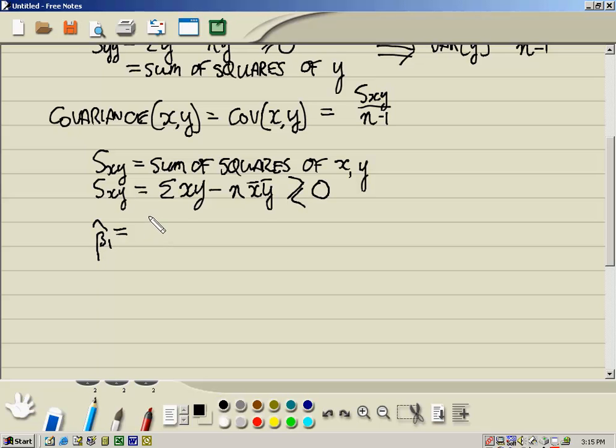So beta hat 1 is the sum of squares of xy divided by the sum of squares of x. Beta hat 0 is the same as before, y bar minus beta hat 1 times x bar. Okay, these are the formulas that will be used in the first Excel homework. Instead of the first formula for beta hat 1, we'll use the sum of squares formula.